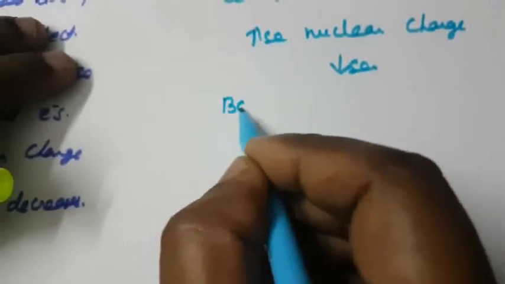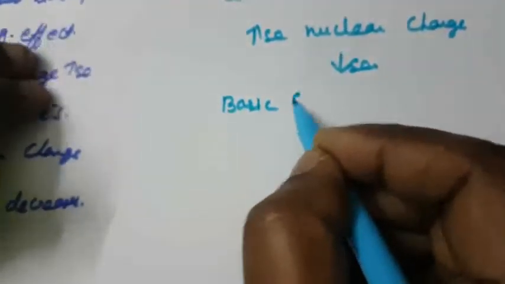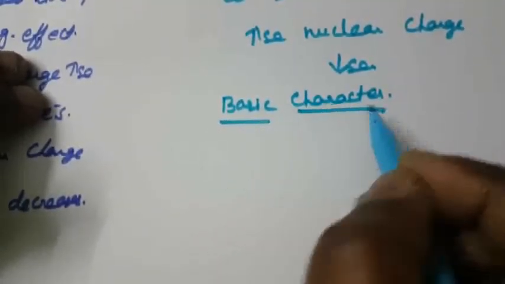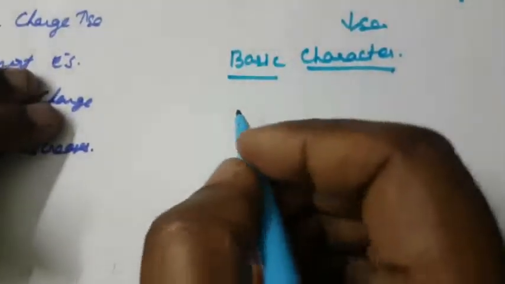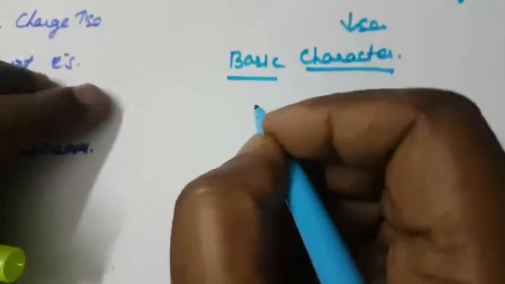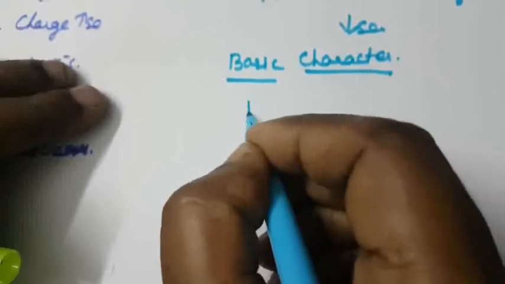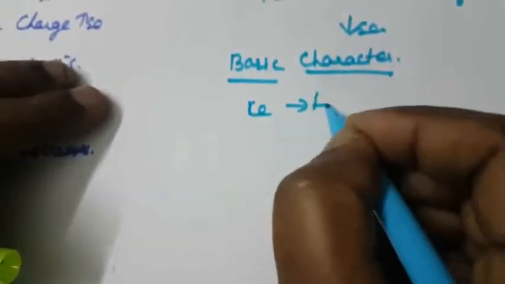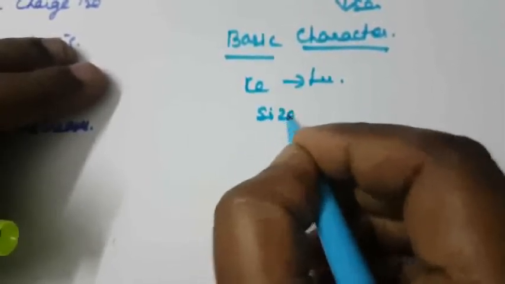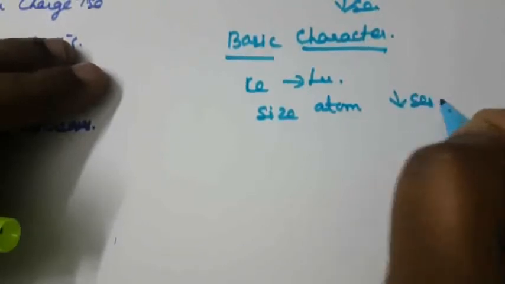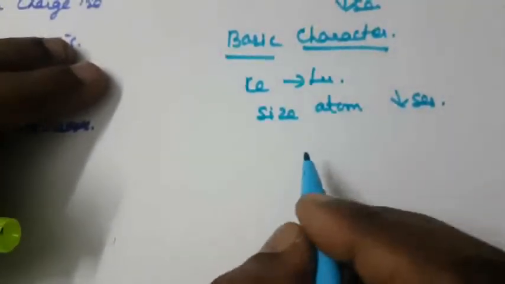The first consequence is on basic character. What is meant by basic character? From cerium to lutetium, the size gradually decreases. What are the bases of lanthanide?